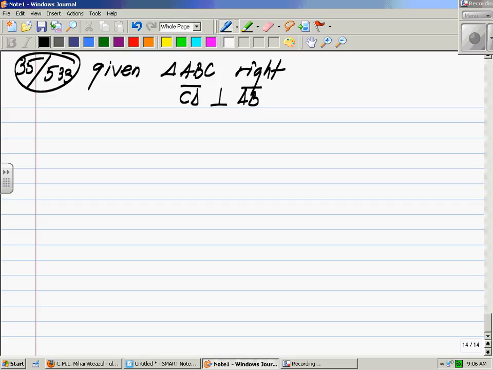You have to prove that BD over CD equals CD over AD.